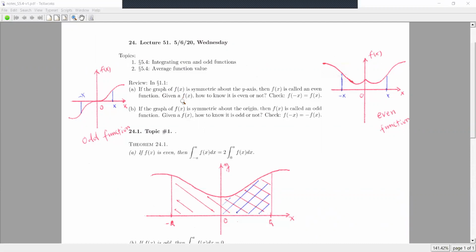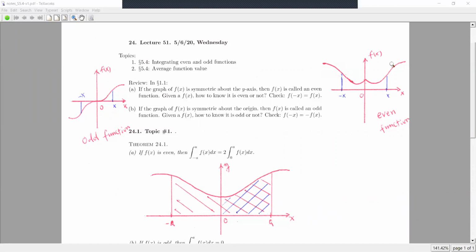Then, without plotting the graph of a function, how to know the function is an even function? Have a check with this equation. Negative x and x are 2 points symmetric about the y-axis.